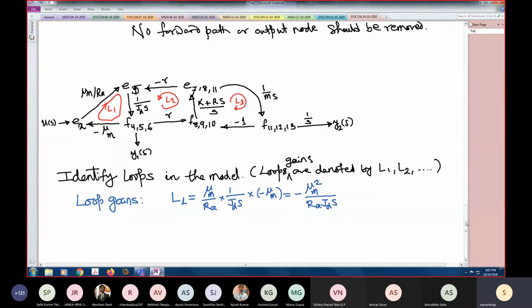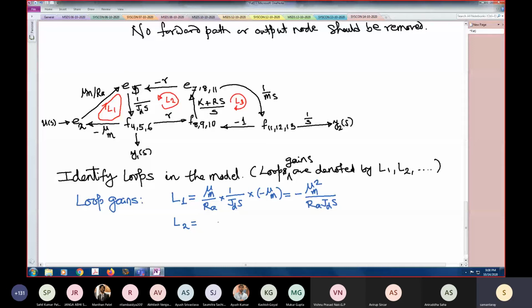So we'll write down the other 2 loop gains. Always you will see that transformer and generator moduli will be squared. In loop gains, if generator modulus is there, it will be squared. If transformer modulus is there, it will be squared. If it's not getting squared, then there is a problem.